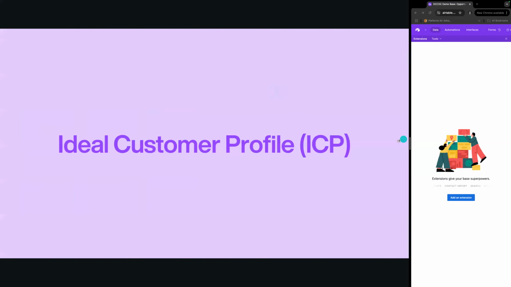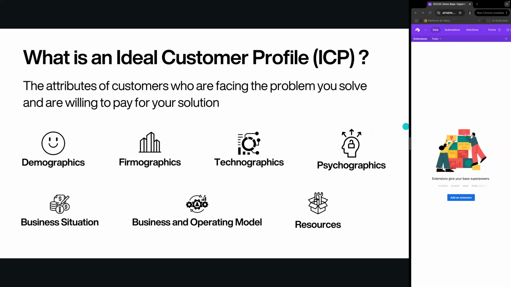Okay, so let's get into the juicy stuff, right? What is an ICP? With so much data available today, there are a lot of different ways to benchmark who the best type of client would be for your products or services. Because ultimately you have to find who is experiencing the specific problem you solve and is willing to pay for your solution.